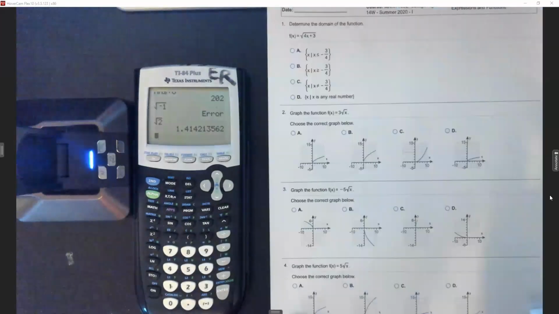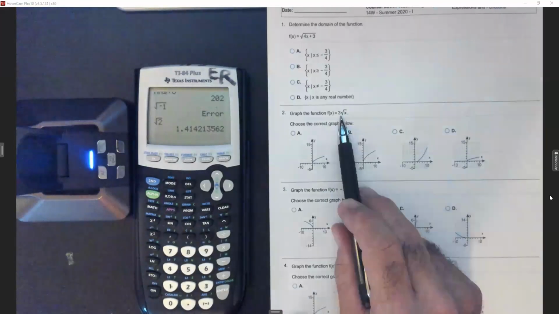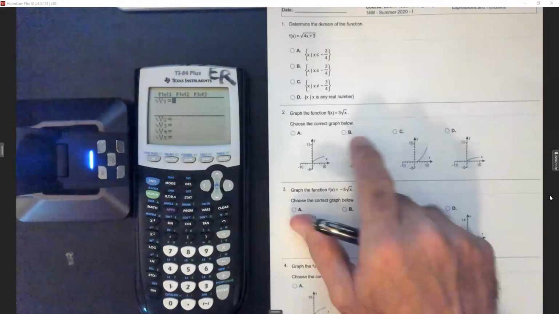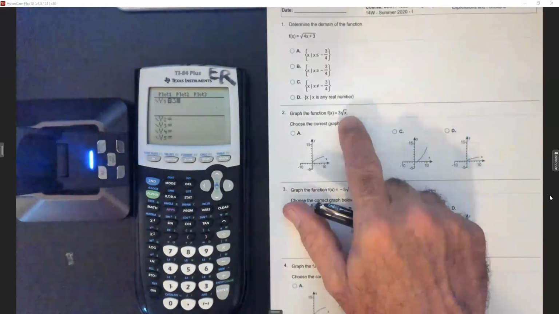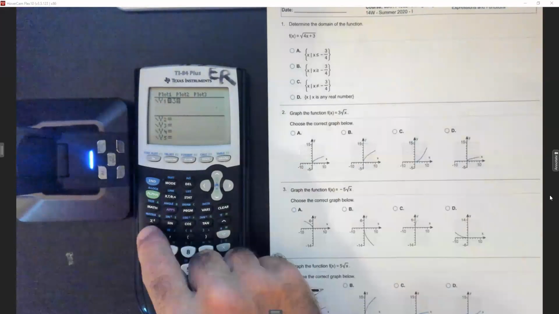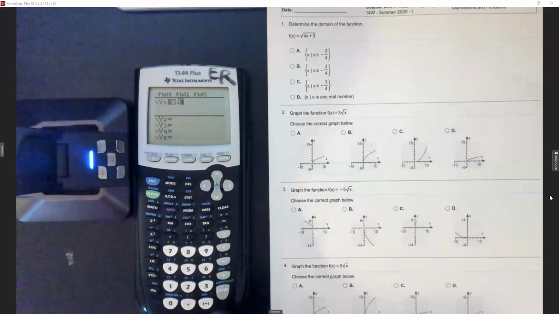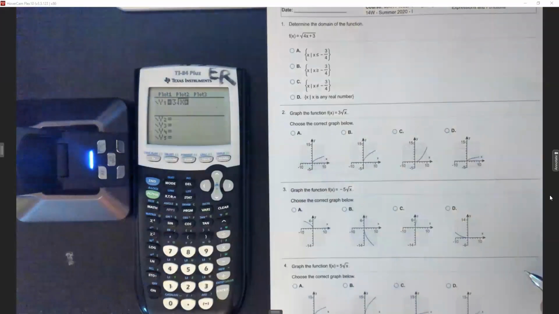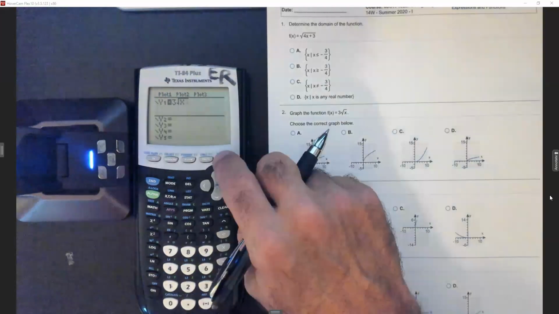All we're going to do is pick the picture that matches. So go to your y equals, clear that, put in 3. To get the radical, you hit second x squared. That brings up a radical. And inside the radical, you put an x. Now, we hit graph.